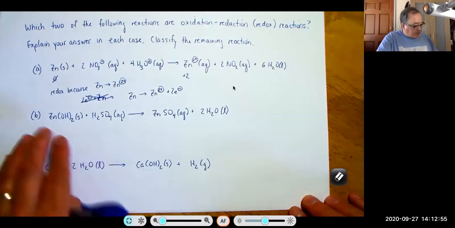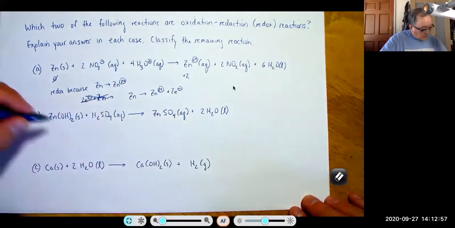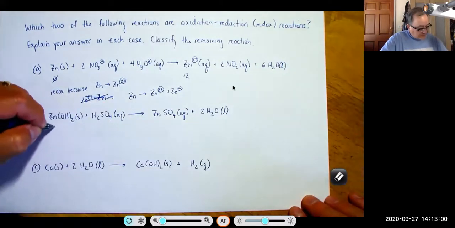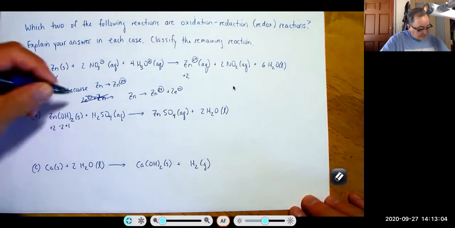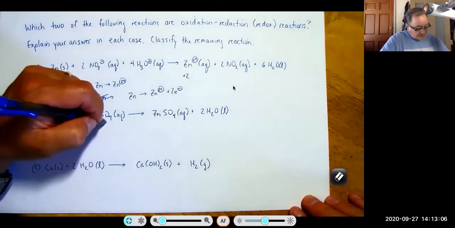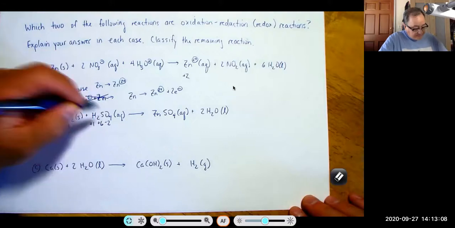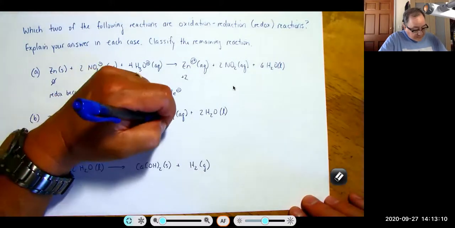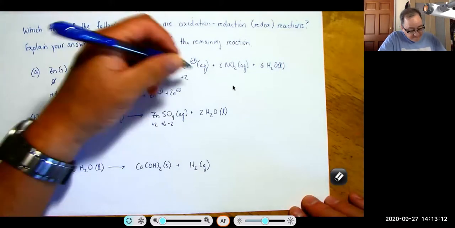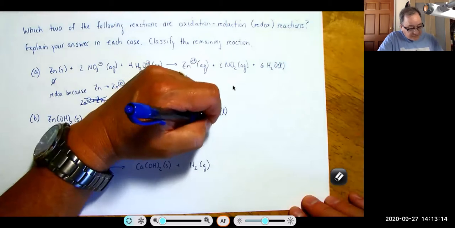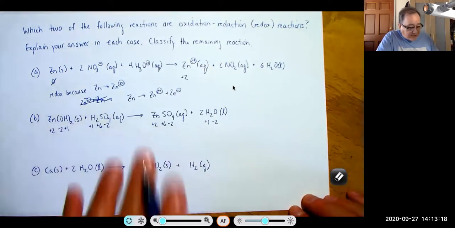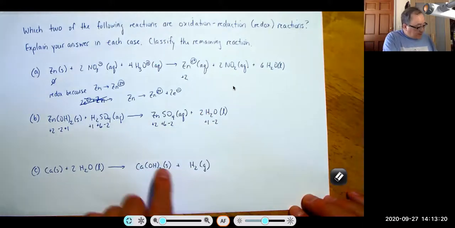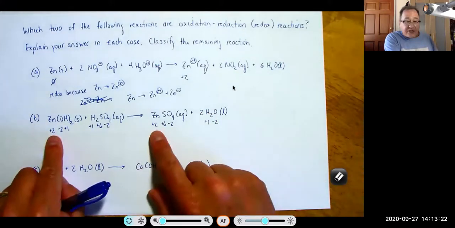How about this one? Is this a redox? Well, this is a +2. Hydrogens are +1, oxygens are -2, and sulfur is +6. I've given up writing each one. We just want to know what the oxidation number is on one of them. Did the oxidation number on zinc change? Nope.